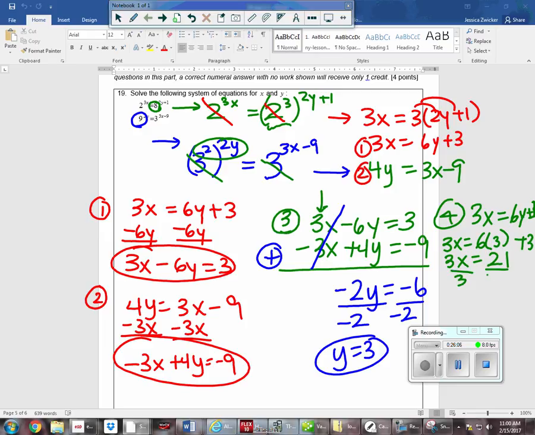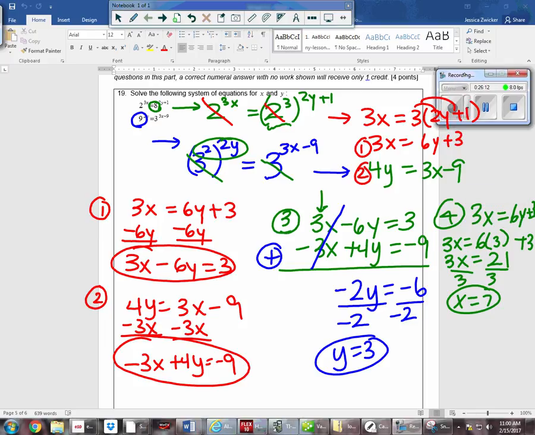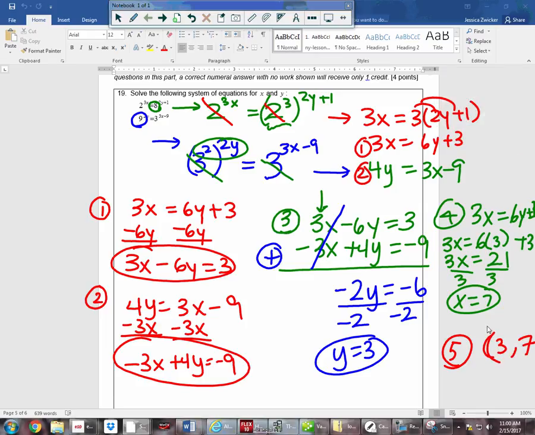And dividing by 3, you get x is equal to 7. So your final answer here as a point of intersection is the point 3, 7. Nope, lying. Points are written as x comma y. So your final answer is the point 7 comma 3.